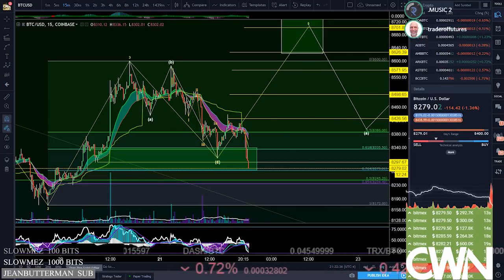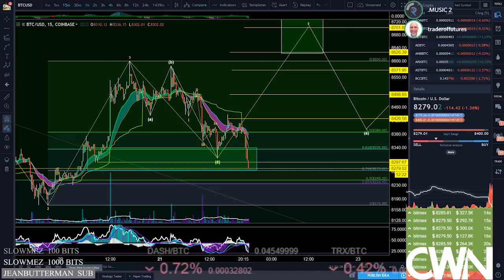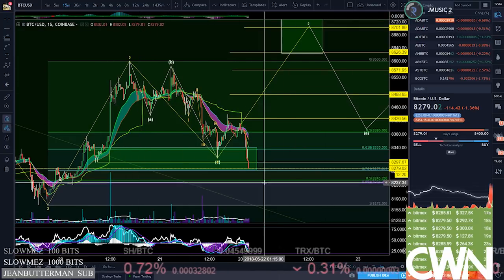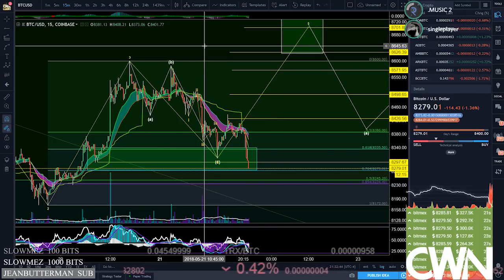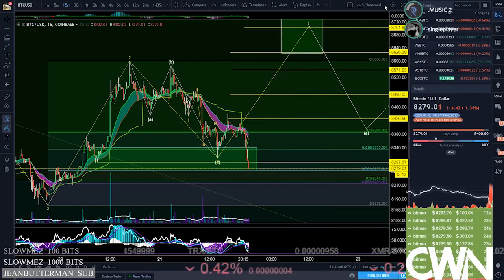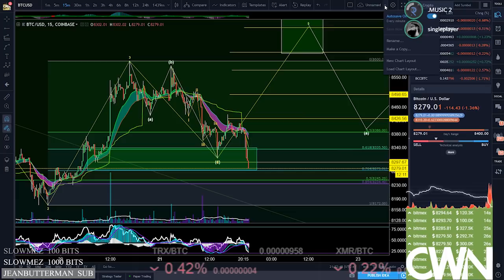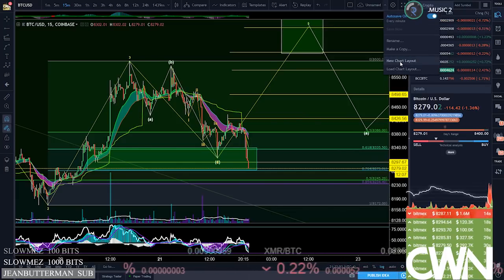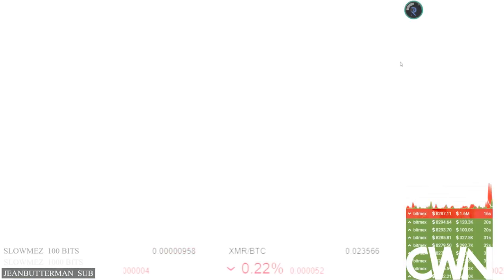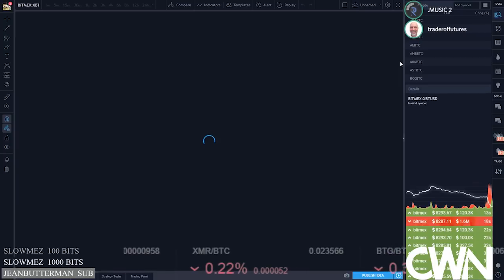So I have TeamViewer open here, and I don't want to mess up anybody's stuff. Yeah, you can go to the top where it says unnamed and just either load a layout or select a new one. New chart layout, new tab. All right, let's try creating a new one and see what happens.